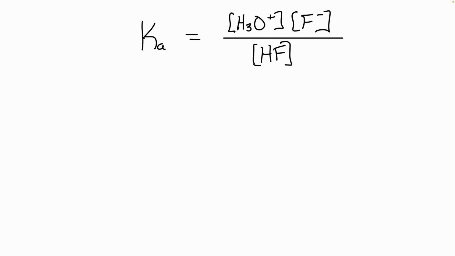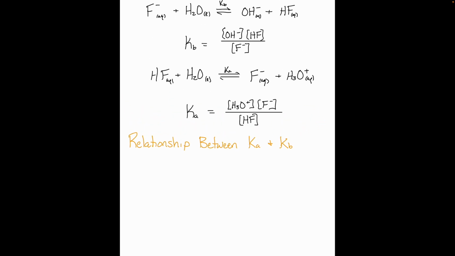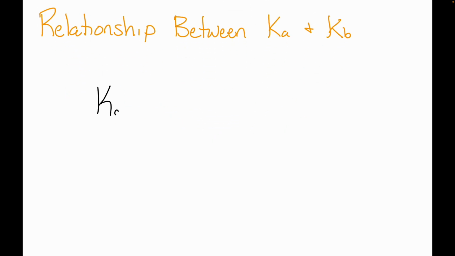So let's say our relationship between Ka and Kb. What I want you to do is to take that equation for Kb and multiply it by that equation for Ka.